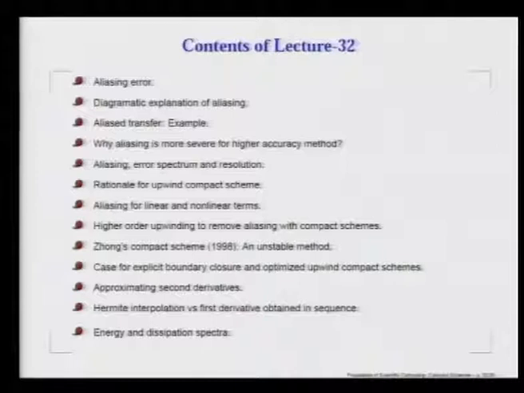This points out the inadequacy of various implicit boundary closure methods that we have been talking about so far, and we make a very strong case for adopting explicit boundary closure and thereby using those to optimize, and this is the actual methodology that we have adopted so far, and we will highlight that.